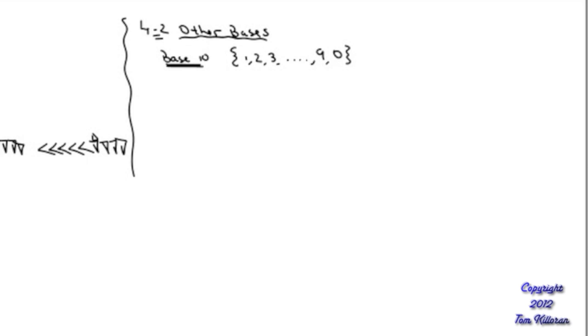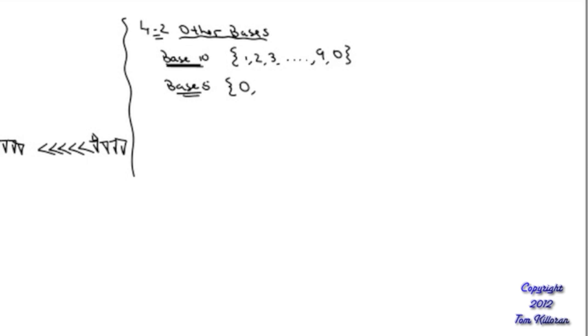We have literally 9 numbers and 0. So there's 10 symbols, but one of them has absolutely no value. So if I ask you to give me symbols for base 5, the first symbol it has to start off with, I'm going to put the 0 there.